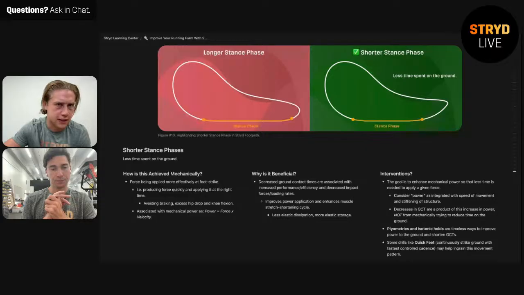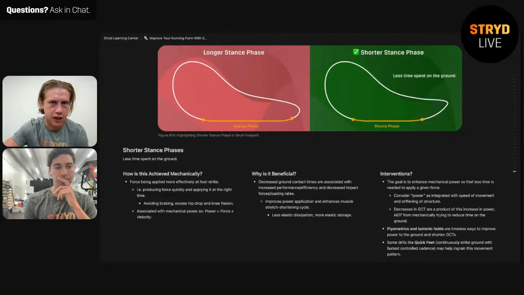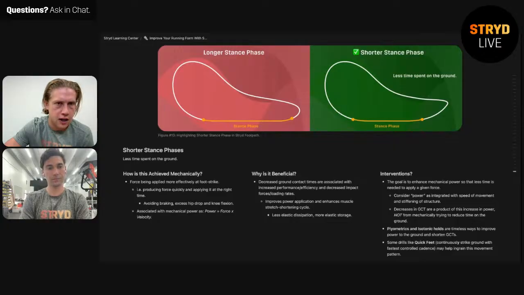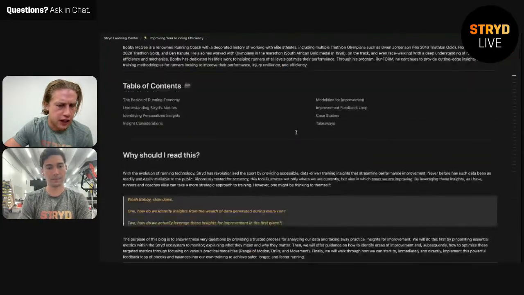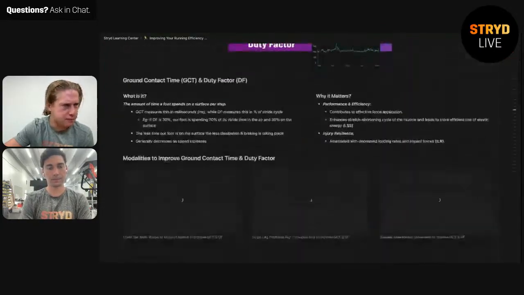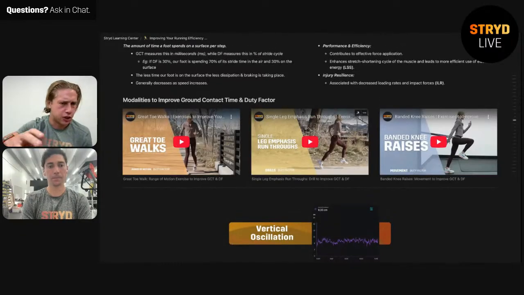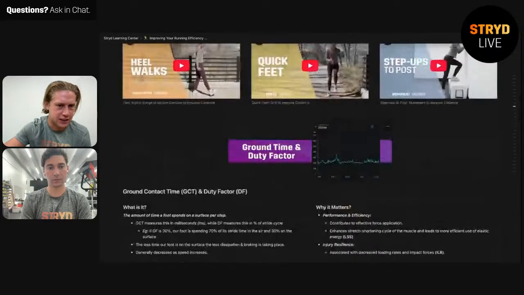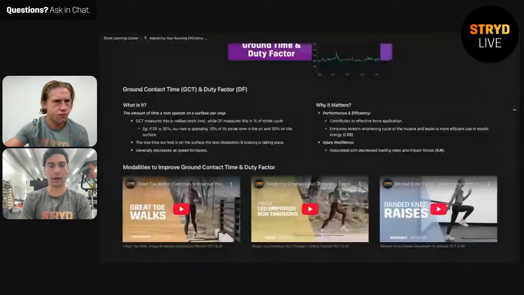So if I wanted some drill recommendations, is that something I can head to our other article for? I'm going to pull that up here briefly because we do have some tremendous videos in there. I think you talked about this earlier, but they tie into each other. So could I implement some of these ground time drills and improve my stance phase? For sure.